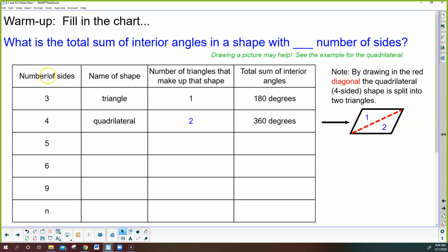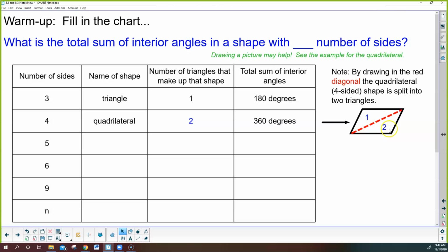So let's look at a triangle. We just finished studying everything you could ever want to know about a triangle, right? It has three sides, name this triangle. There's one triangle in that shape, and the total amount of interior degrees for any triangle is 180. So what about if I have a quadrilateral? Well, what we want to do is take the quadrilateral and split it up with a diagonal.